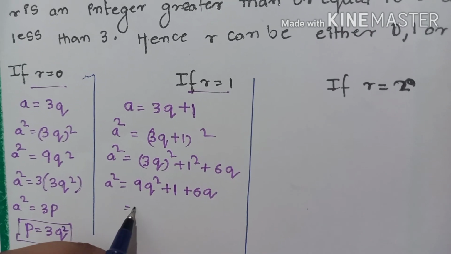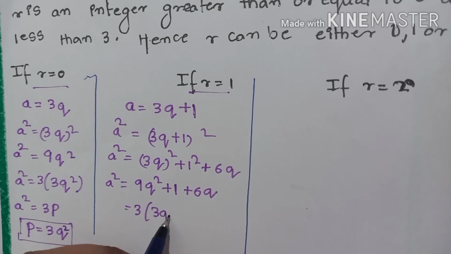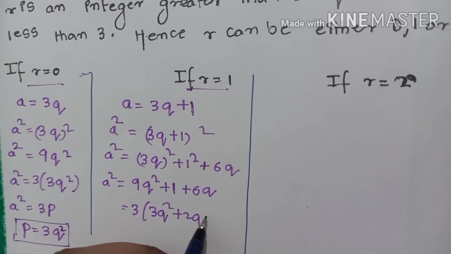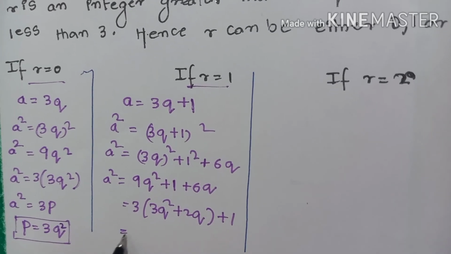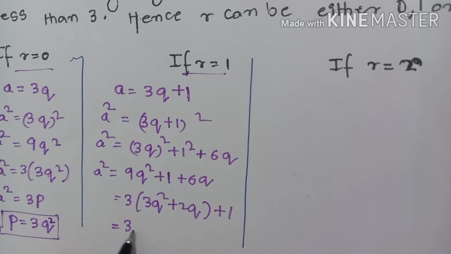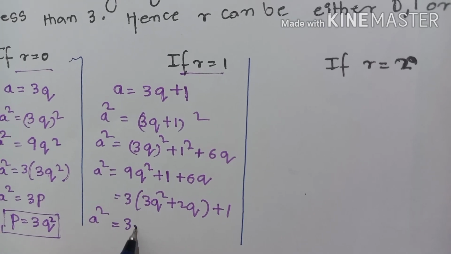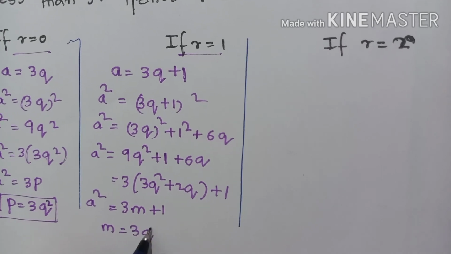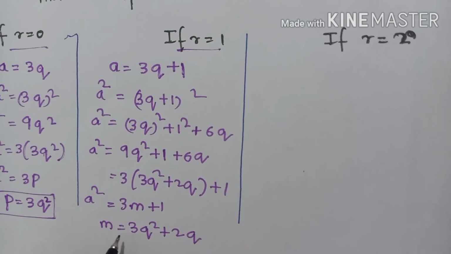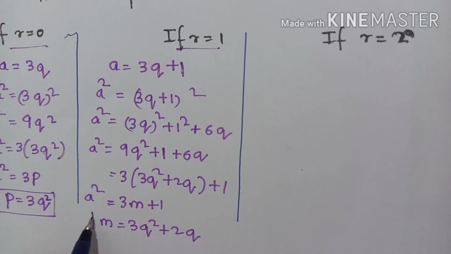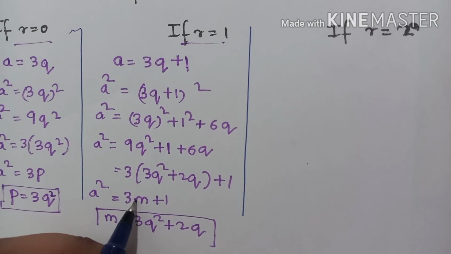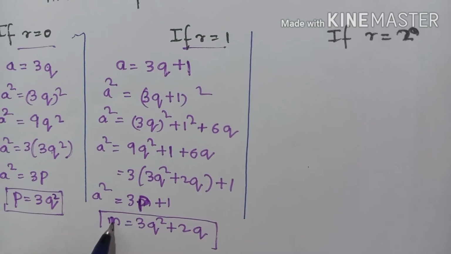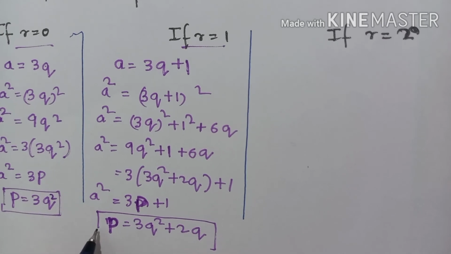Now taking 3 common, 3q square plus 2q plus 1. So here a square is equal to 3p plus 1, where p is 3q square plus 2q.